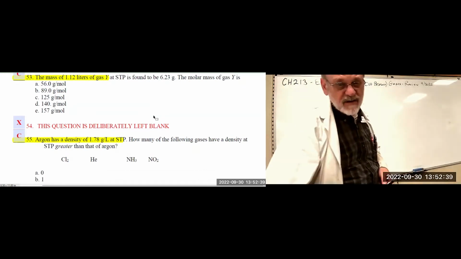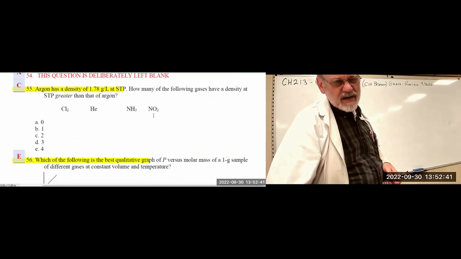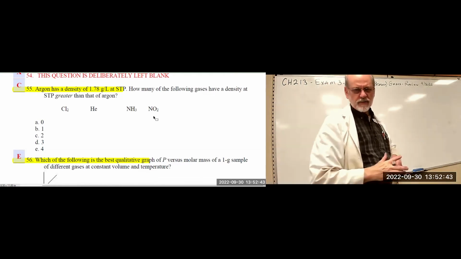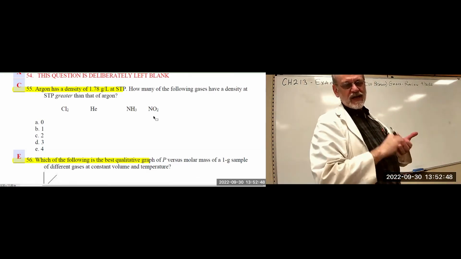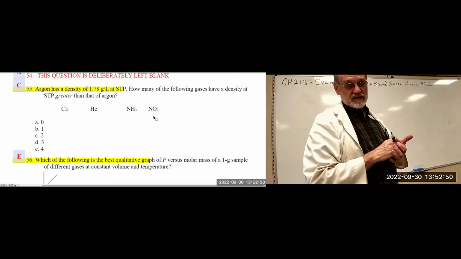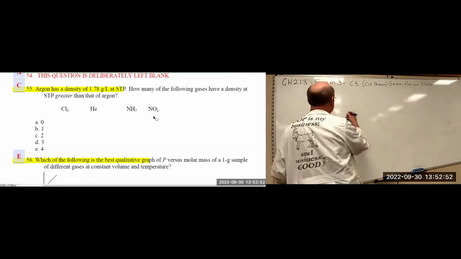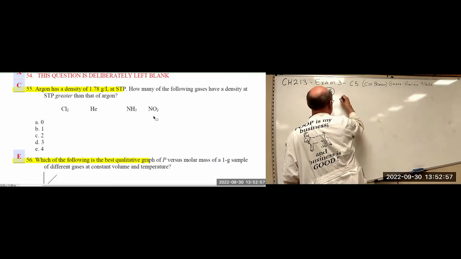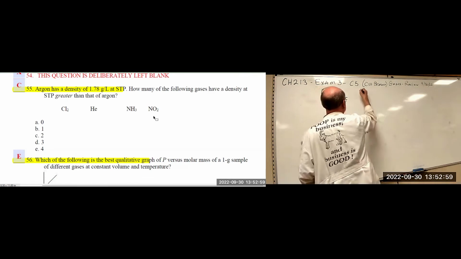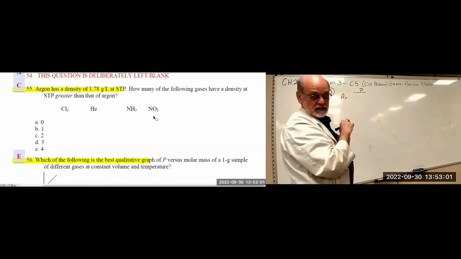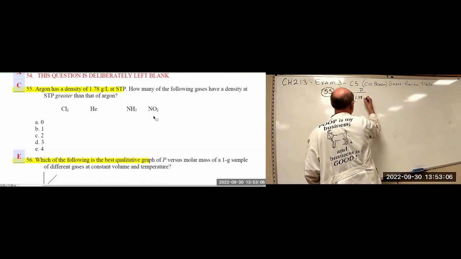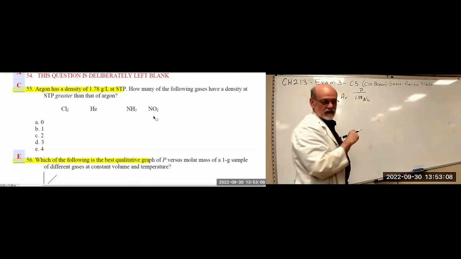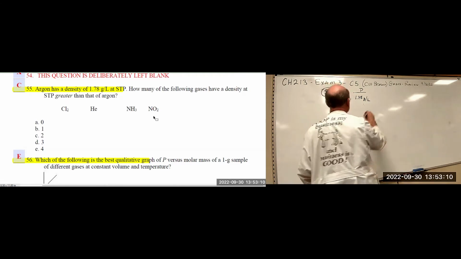Let me see here. Argon has a density of 1.78 grams per liter at standard temperature and pressure. How many of the following gases have a density at STP greater than that of argon? All right. Let's see. Argon, and the density is given as 1.78 grams per liter at standard temperature and pressure.